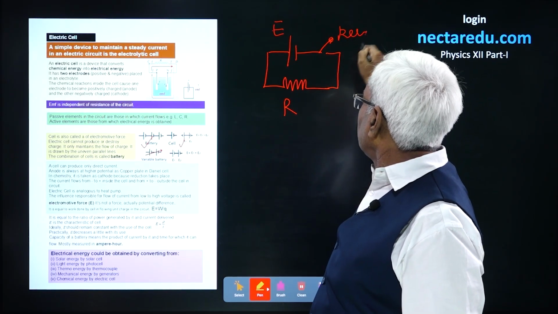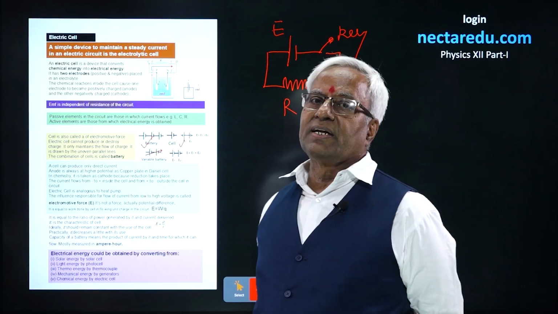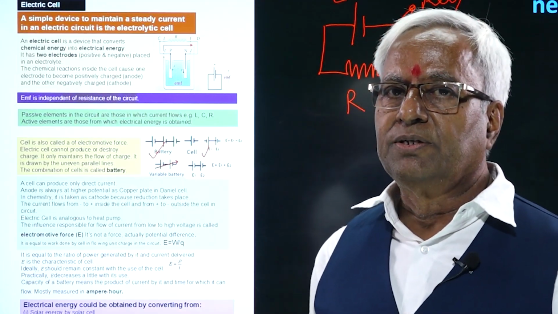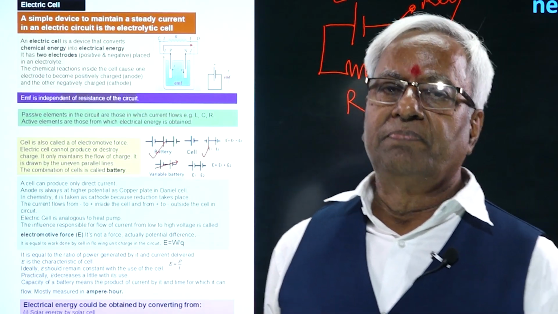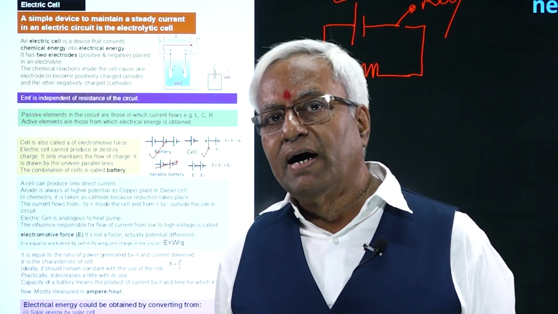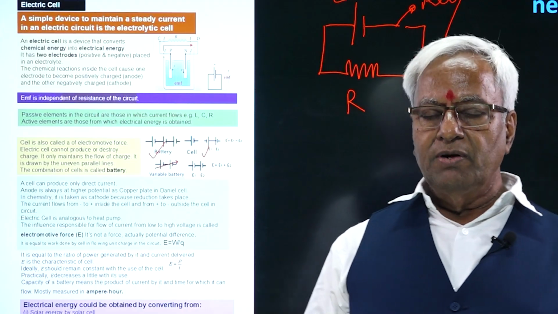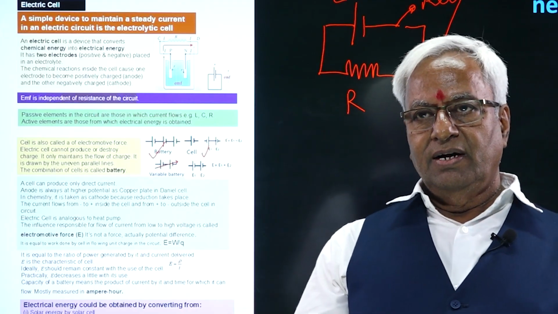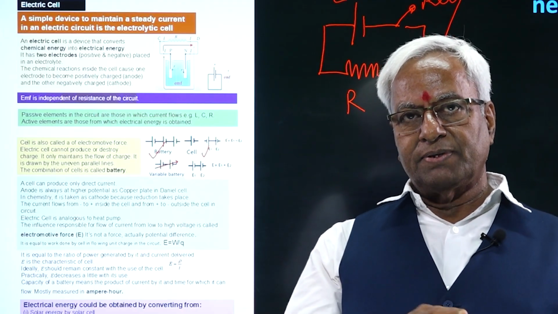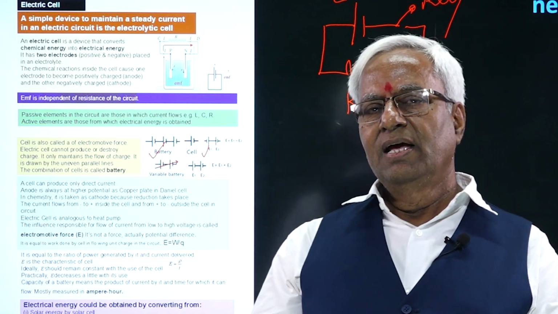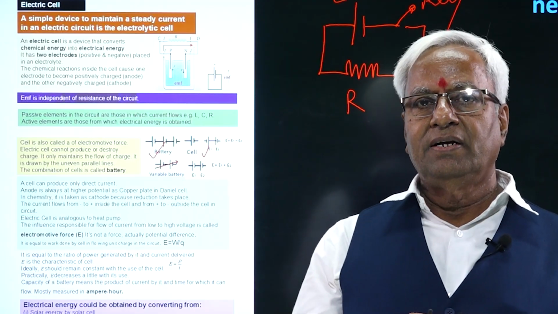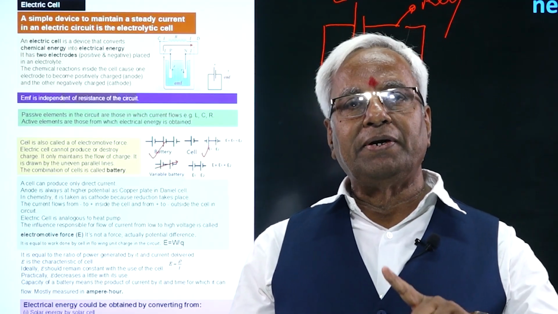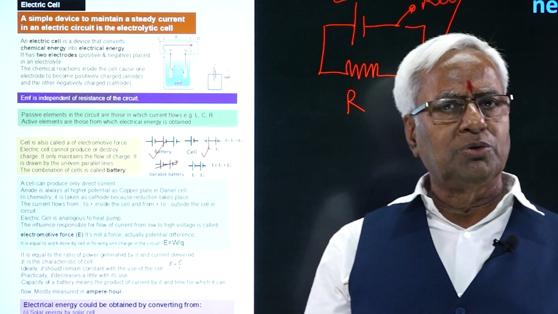This is key. In the circuit, you have two parts. One is known as active and the other is known as passive. Passive part simply means that current will flow through it, like inductance, capacitance, resistance. These are known as passive elements of the circuit. But the current has to be produced ultimately by some source.